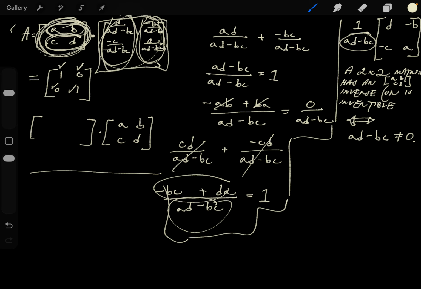And we could prove that. If this does not equal 0, then this is its inverse.